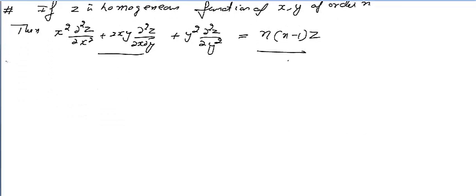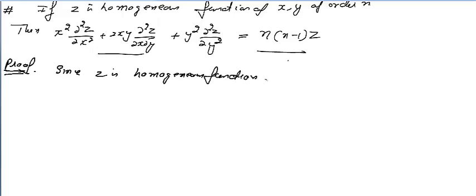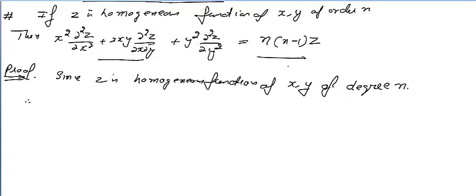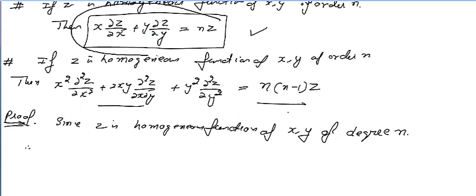Proof. Students, as you know, since z is a homogeneous function of x and y of degree n, one thing is already proved, so I need not explain here how I achieved this.